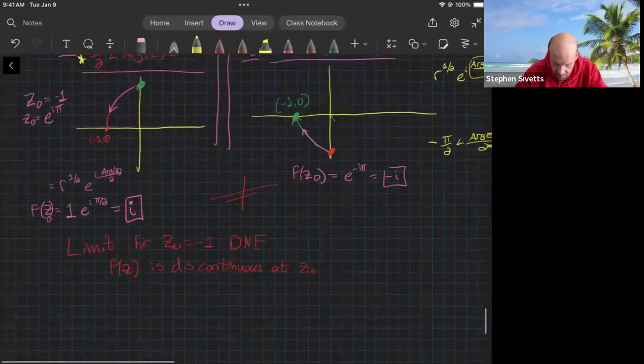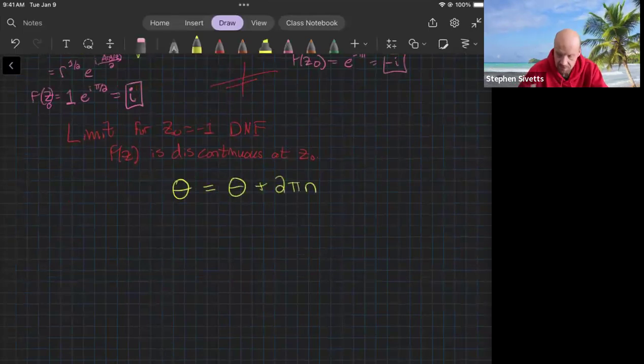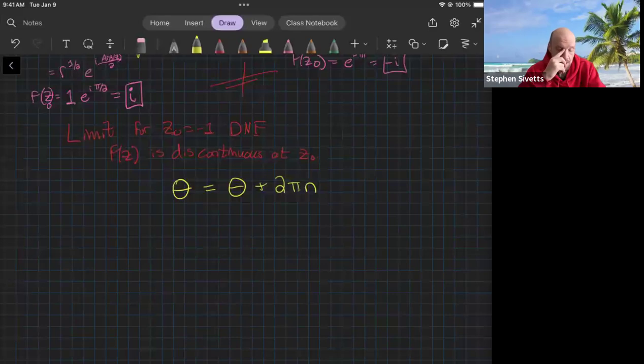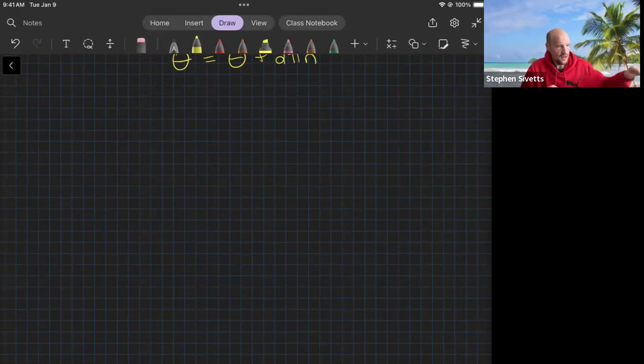And also this refers to the fact that if we rotate a multiple of 2 pi of theta, we would get the same result for the square root function, or even the coming up soon, the logarithm function of a complex number. So what we need to do is think about what it means to be a function in the complex plane in regards to periodic functions.